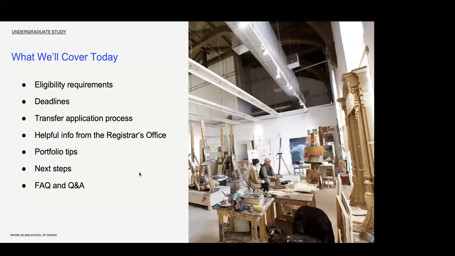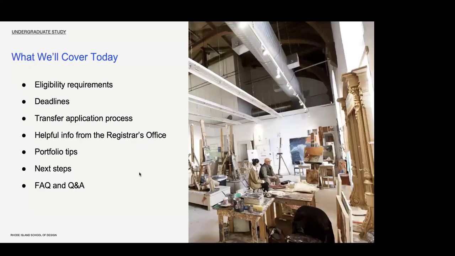All right, so today we will be covering all the information you need to check off your list as we approach the application deadline. It's actually quite perfect that today is February 17th because it means we're exactly a month out from the transfer deadline. So we'll start with the process as a whole. We'll talk about eligibility. We'll cover deadlines. I already mentioned it, but we'll go over it again.